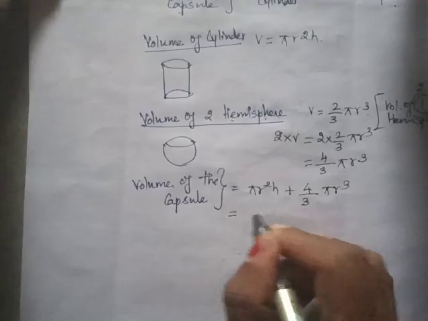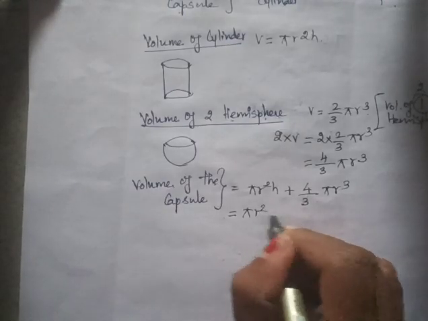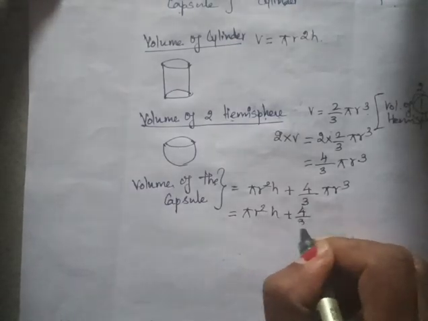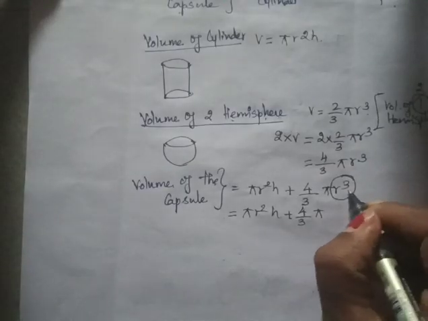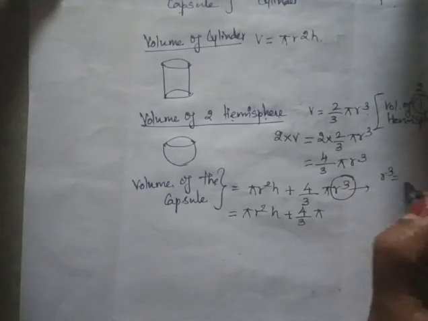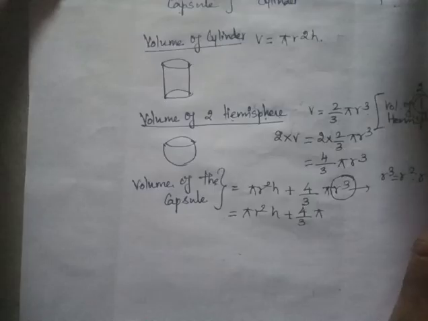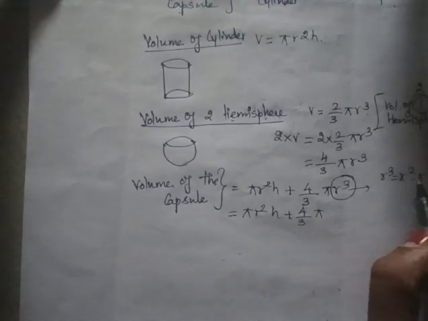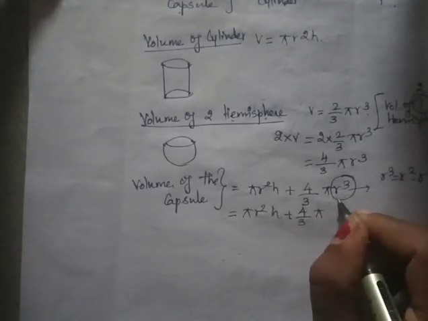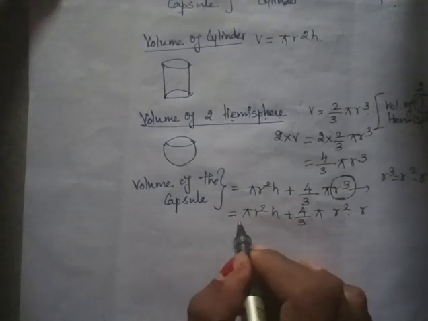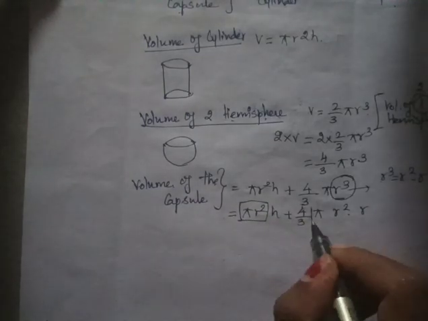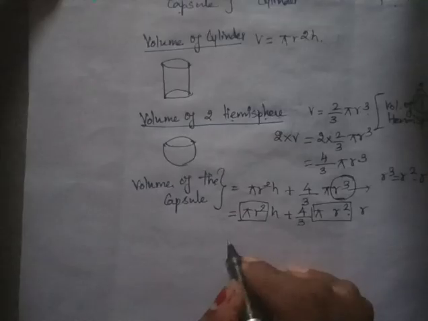Next step, pi r squared h plus 4 by 3 pi. Here we are writing r cube as r squared into r. R squared into r is equal to r cube. Take pi r squared outside.